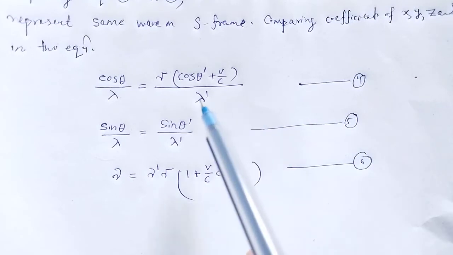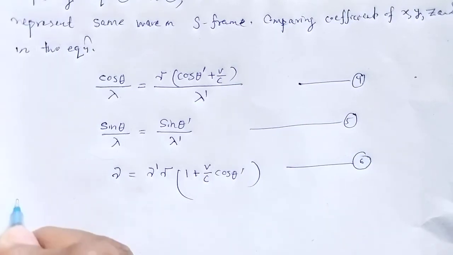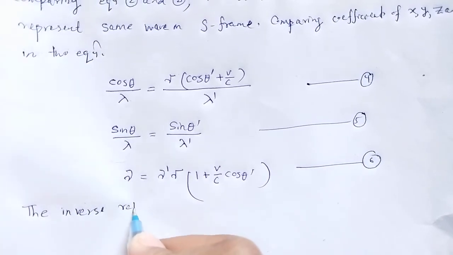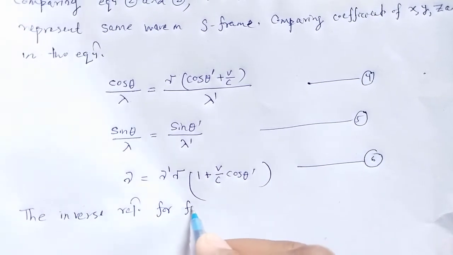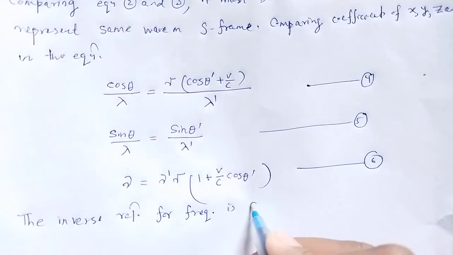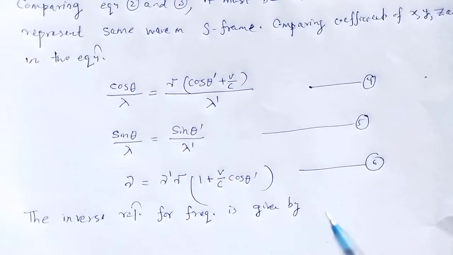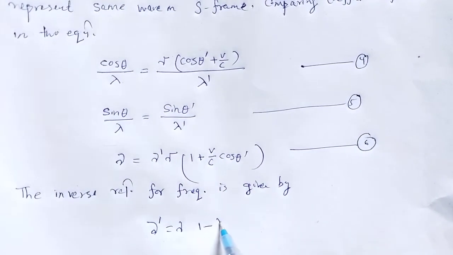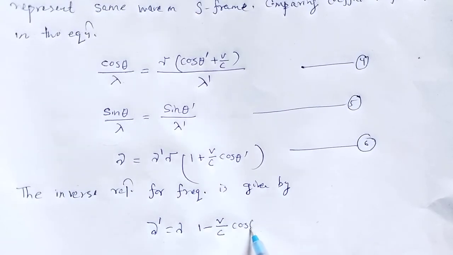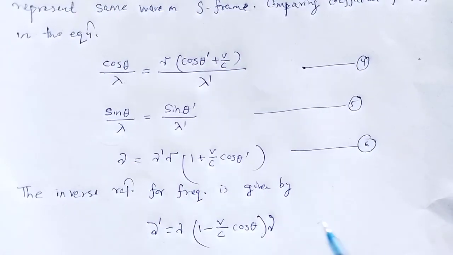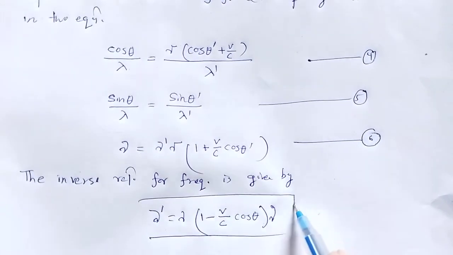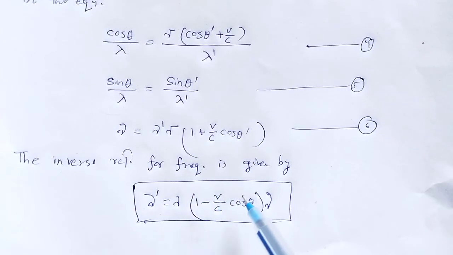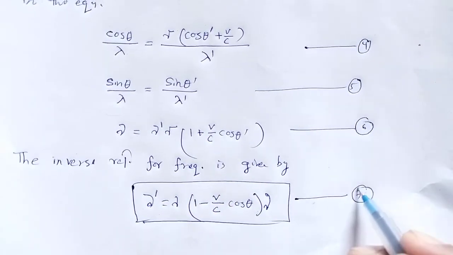Now the inverse relation for frequency is given by nu dash is equal to nu of 1 minus v by c cos theta. This is the inverse transformation of frequency, equation number 7.